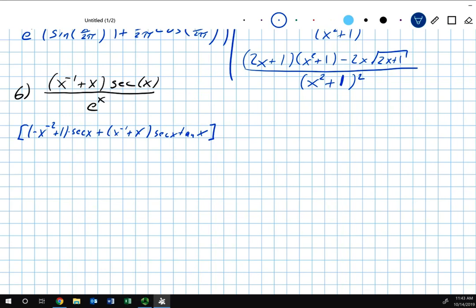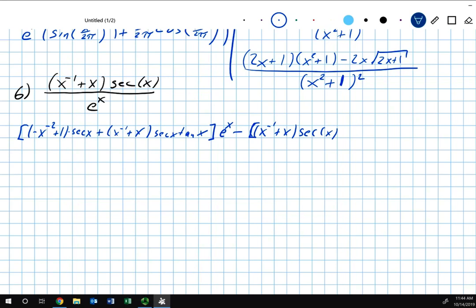Leave the bottom alone, because now I'm back in this quotient rule. And I subtract, I leave the top alone. So I'll do a big bracket here. X to the -1 plus x, secant of x.